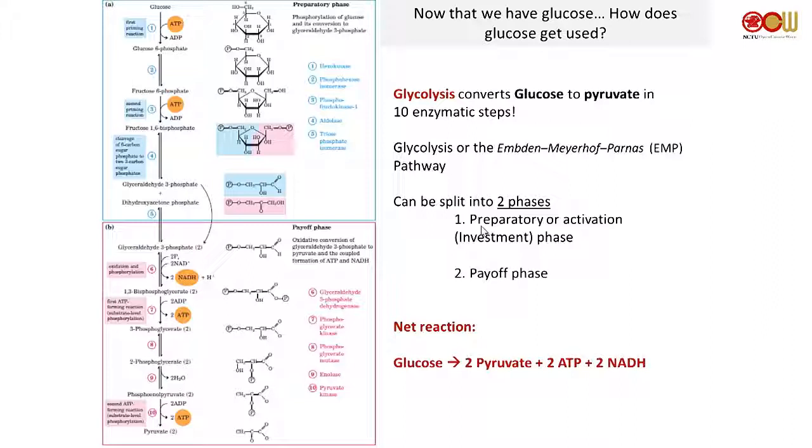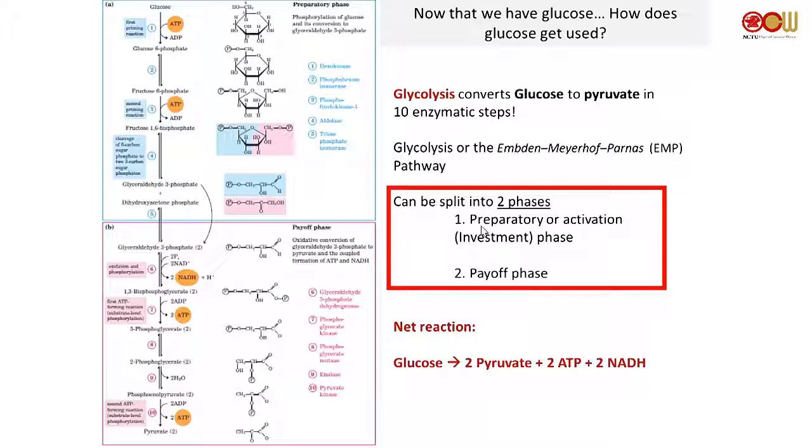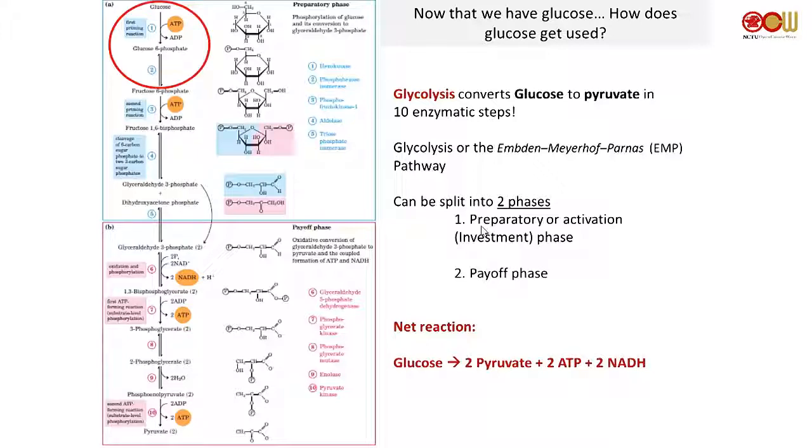Glycolysis can be split into two phases, like we talked about last time. The first phase can be called the preparatory phase or activation phase, or what I like to call an investment phase. The second phase is the payoff phase. The investment phase essentially puts energy in the form of ATP onto glucose, such that you can activate glucose and do reactions on it.